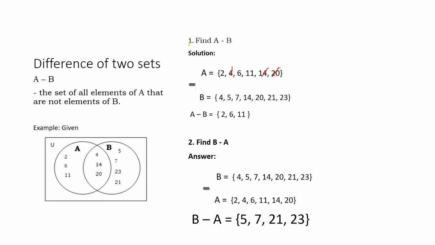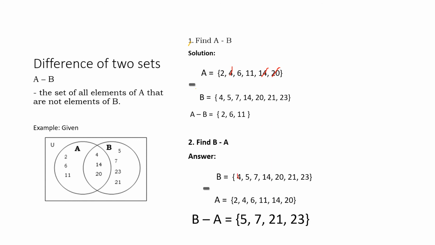Okay? Next, find B minus A. Answer or solution. B. All the elements of B, write them all. Minus A, write all the elements of A. Then, from B, hanapin mo yung nandun sa A, 4.